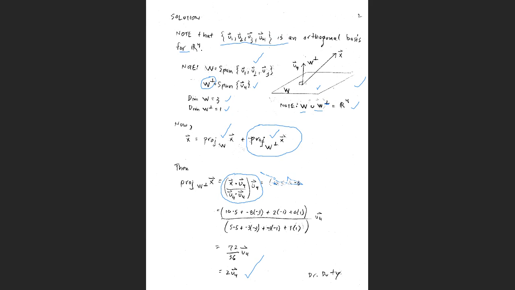Now keep in mind, class, I could have also computed the projection of X onto the subspace W. But I'm going to instead compute the projection of X onto the W perp subspace.